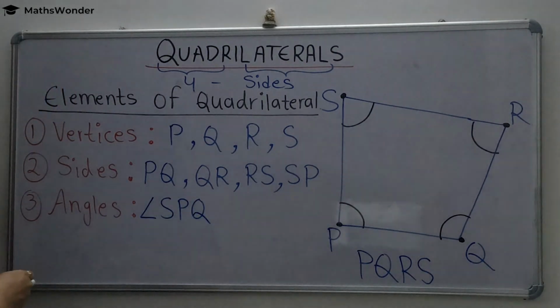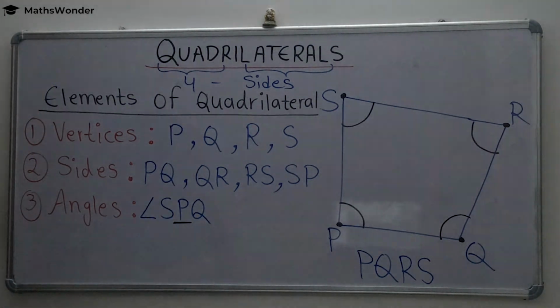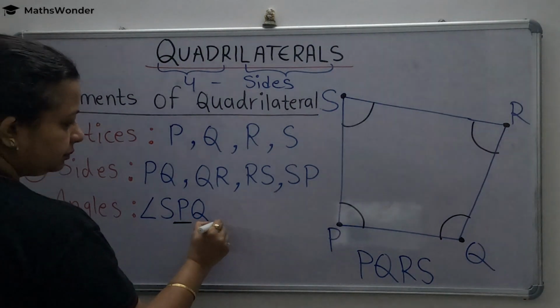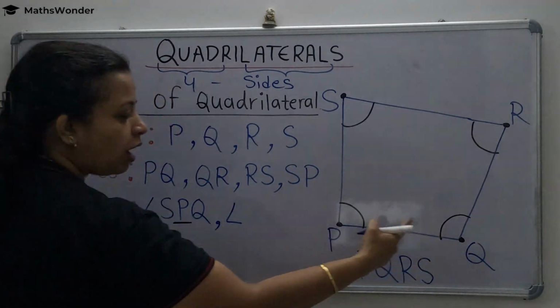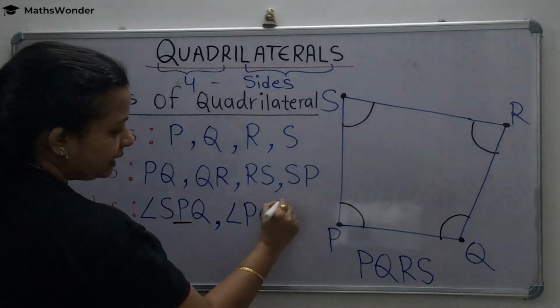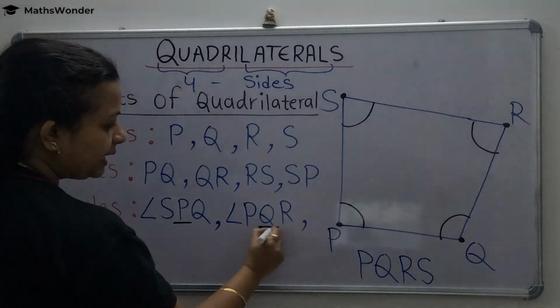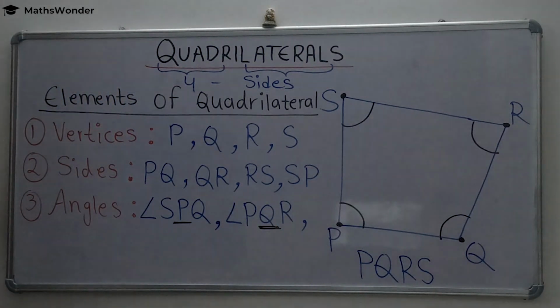Here P is in the middle, so it represents the angle P. Second, we have to represent Q, so how will you write it? PQR. The middle letter always represents the angle.